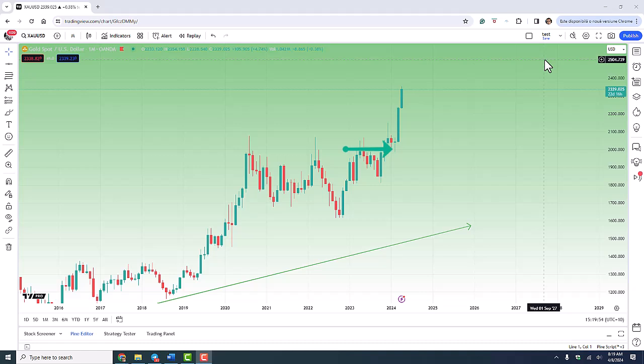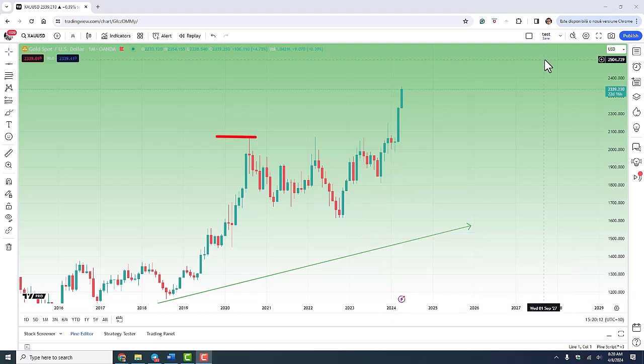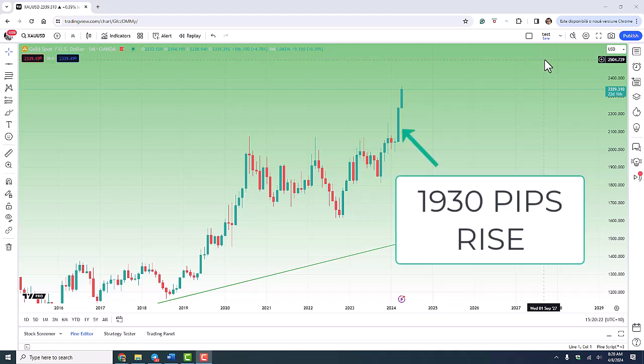And last observation is that each time we have a reversal after correction, we roughly have a 10% rise in the next months. Now, putting all together, I came with the assumption that we will have a break of the all-time high in March, and the price could approximately be 2000 pips, and we had 1900 or so.